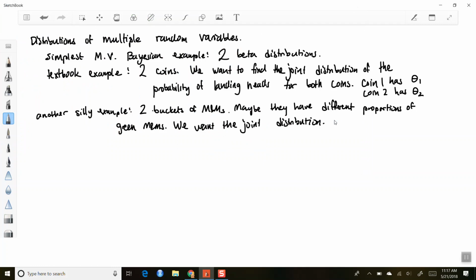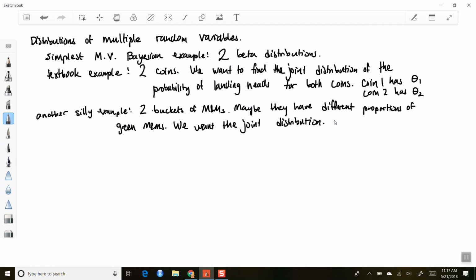We'll work through the math, but this just serves as an illustrative example. We'll look at the simple case, and it'll be easy if we understand how it works for a joint distribution of independent variables.